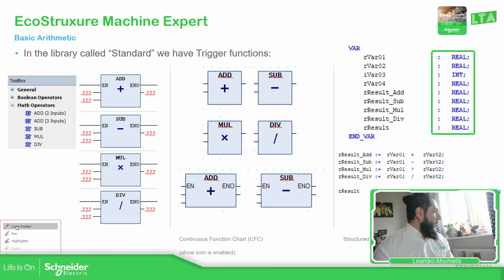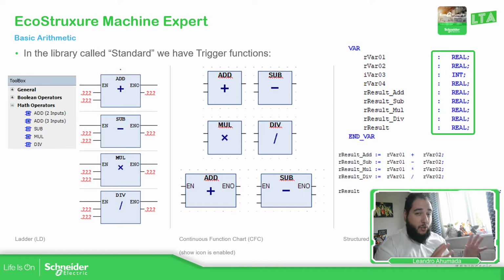Compared with the previous function that we saw, this one doesn't have any instance, so there is no need for declaration of local variables or GVL for using these function blocks. Just put the function block and then you can use it.